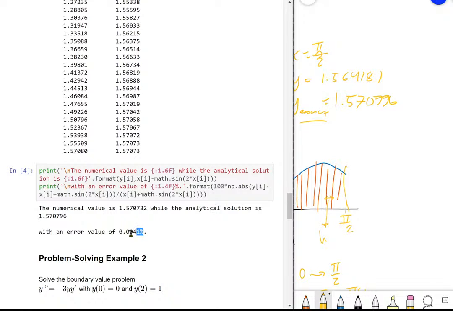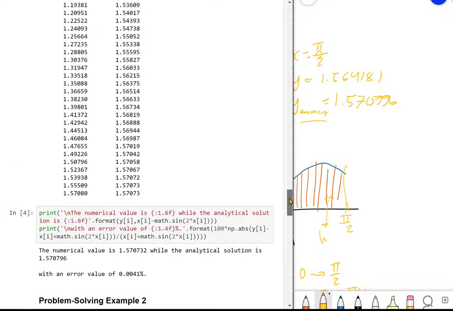The error is less than 0.01%, so you can call it accurate. It depends on the significant digits. If the problem asks for an error value less than 0.0001, you need to increase the value of your m.